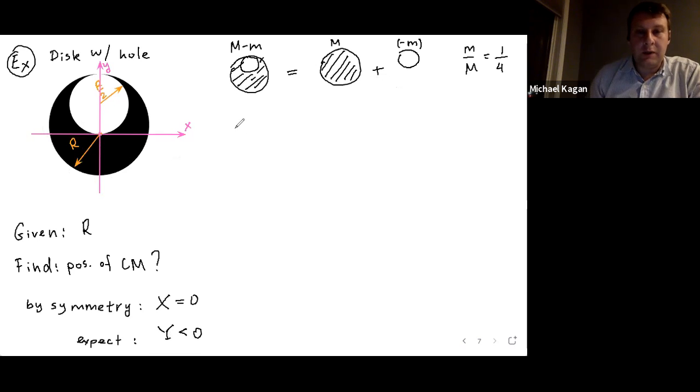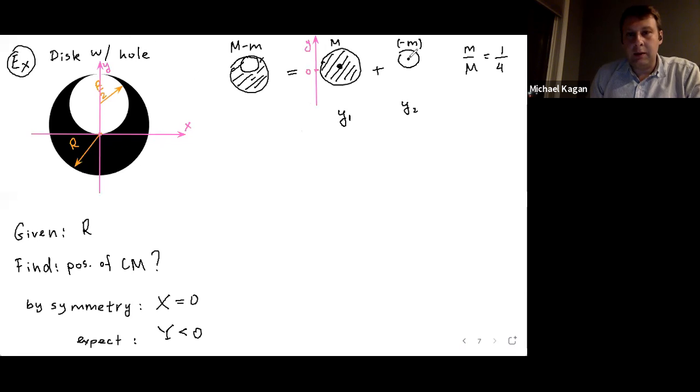Now let's follow this solution. First off, we can say that there are two objects that compose this object of interest. This has coordinate y1 for the center of mass, which is here, and this has coordinate y2 for the center of mass, which is here. With respect to the y-axis, let me put it in this figure as well. It's convenient to put the origin here in the middle of the original disk.